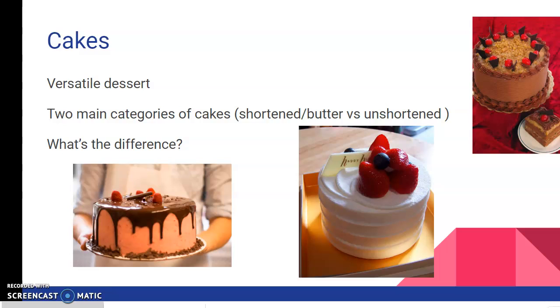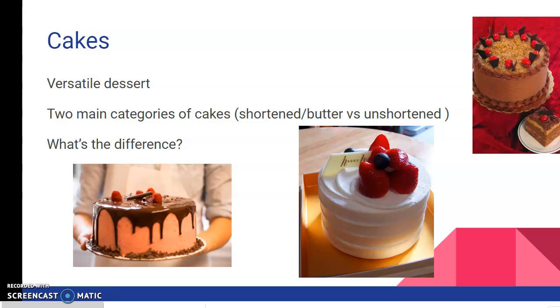desserts of that nature. But did you know there are two main categories of cakes? There are shortened, or they're also called butter cakes, versus unshortened cakes. And so there's a difference between the two. So what is the difference? Well, the difference is the type of leavening used. So for instance, butter cakes use baking powder or baking soda as a leavening agent.